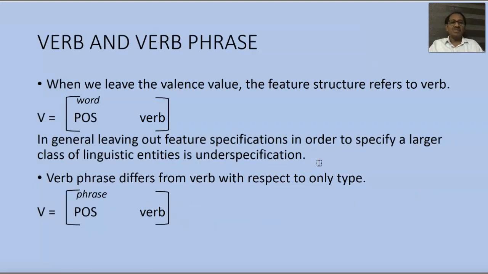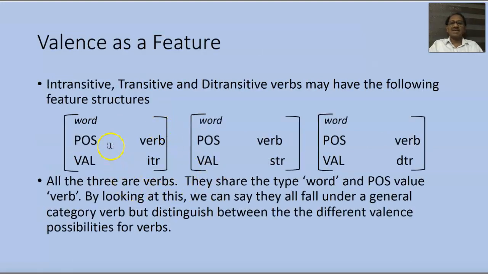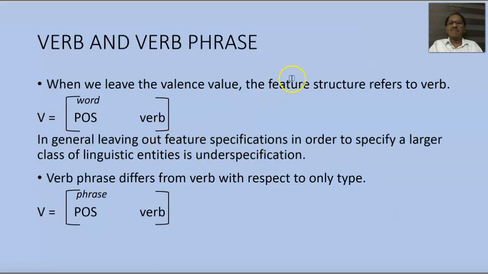Now, once we have a category verb, then what is a verb phrase? How are they distinguished? Verb and verb phrase. In the previous slide, we have seen that the three subtypes of verbs possess something common. So, if you remove the specific features of all the three verbs, then you have the type verb.